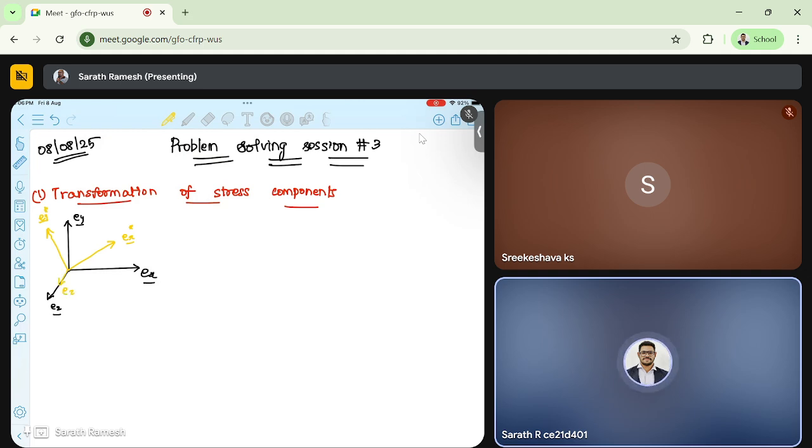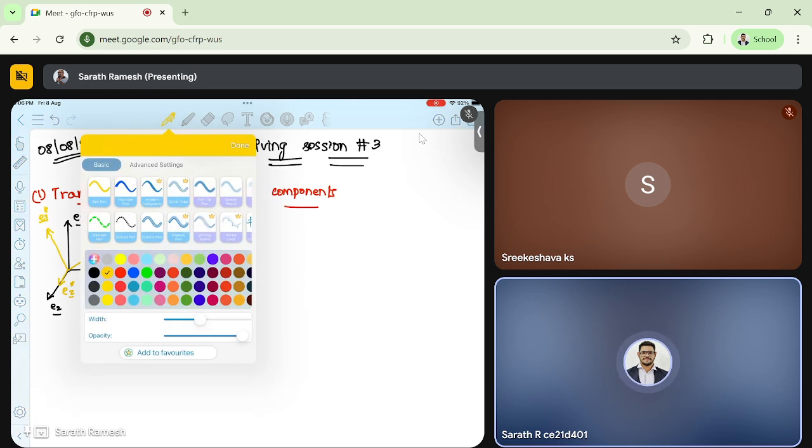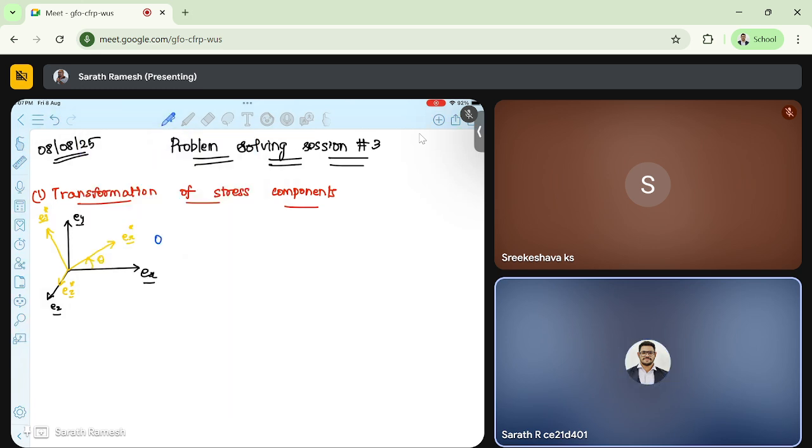I'm rotating about z axis, so z is not changing. And here theta is measured in anti-clockwise direction. This is very important. I'm assuming theta in anti-clockwise direction, so that's my positive theta.